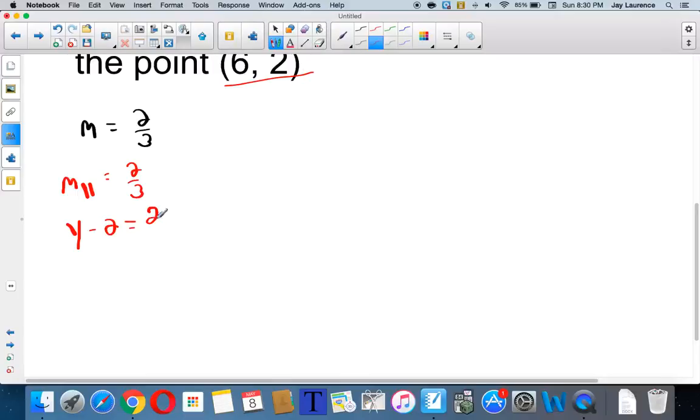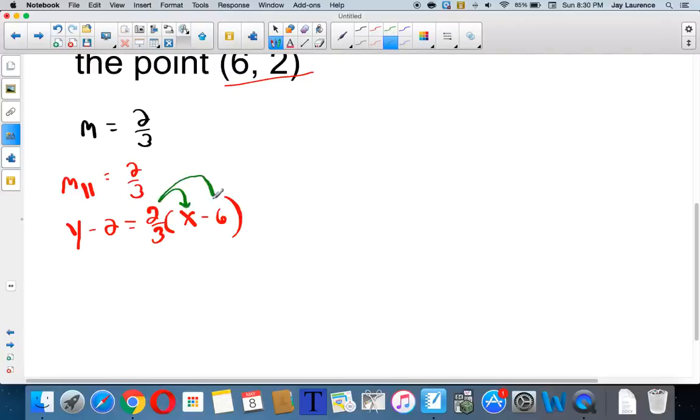All right, 2/3 times the quantity x minus 6. Now, if they don't ask for a specific form, you're done, because I just gave a linear equation parallel to the original equation that goes through the point (6, 2). I did it in point-slope form. If they ask for it in slope-intercept form, well, then it's just a matter of getting y alone.